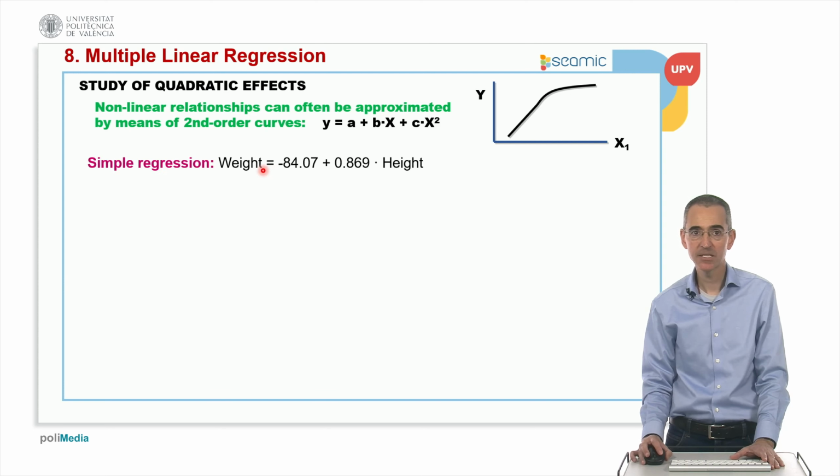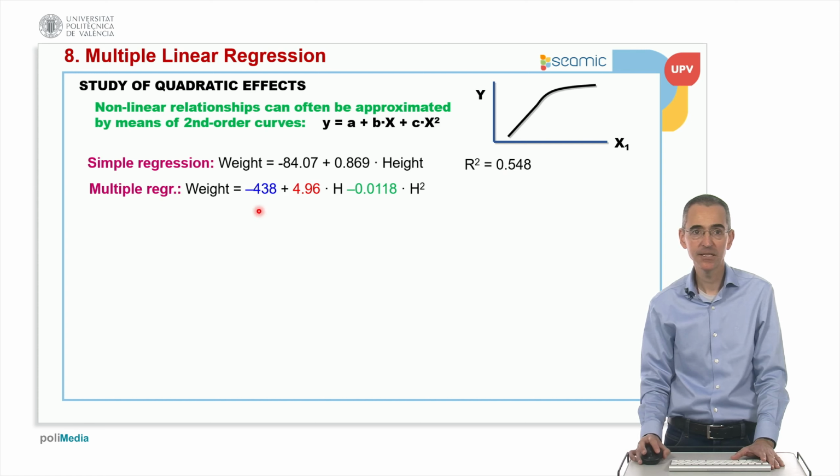So in simple regression, this is the weight as a function of the height. This is an example that I explained in a previous video. The r squared, the coefficient of determination, in this case is 0.55, so it's more or less a moderate goodness of fit.